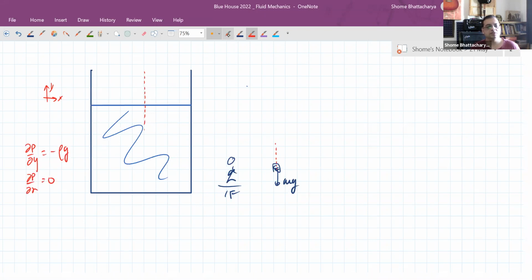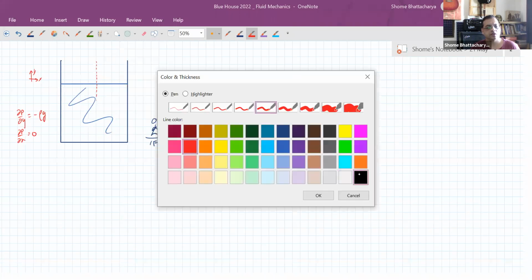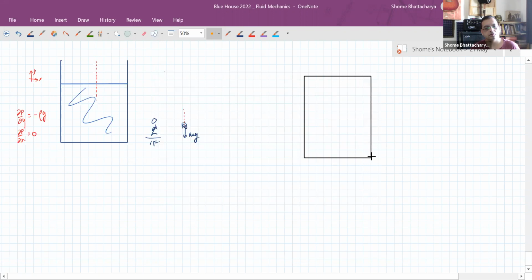But the moment you compare this with a horizontally accelerated situation, you see that this changes, because now this is moving with a naught like this. So we are in that non-inertial frame traveling with a naught.